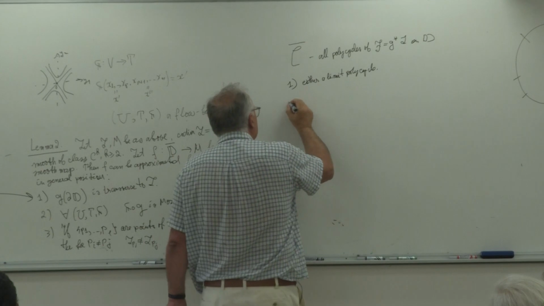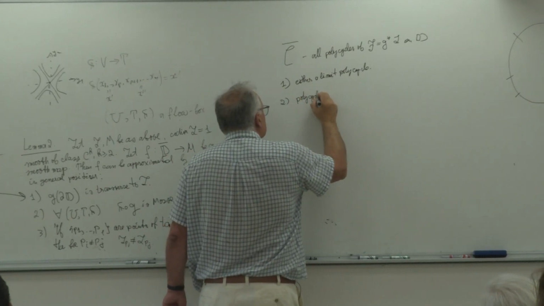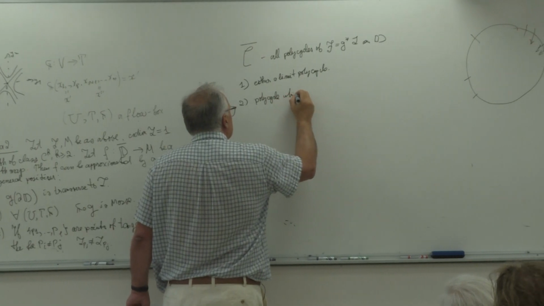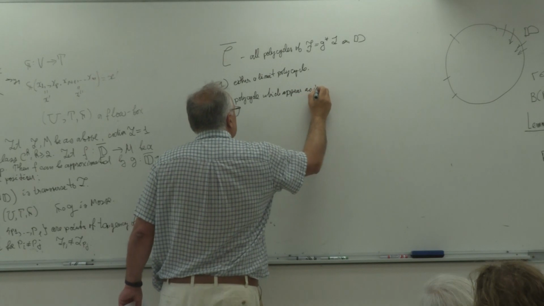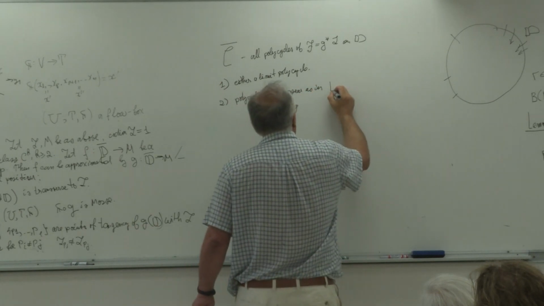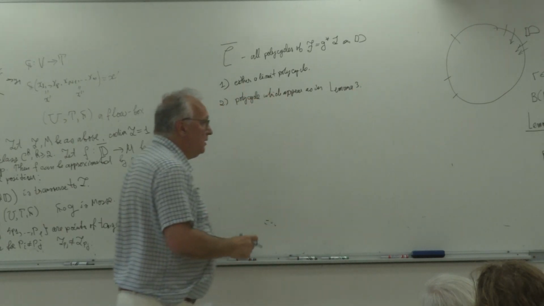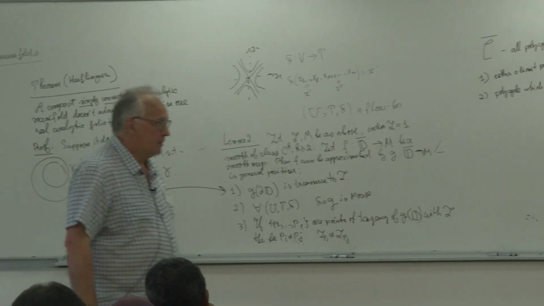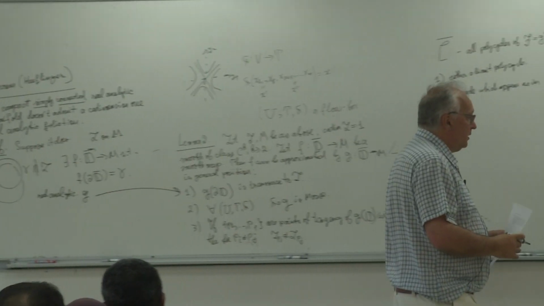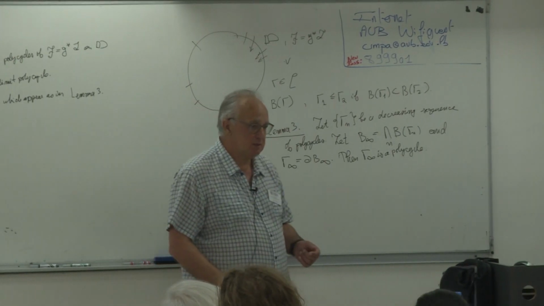And second, polycycles which appear as in lemma 3. Well, roughly infinite intersections of limit polycycles. Note that a polycycle which appeared in this way may not be a limit polycycle itself.